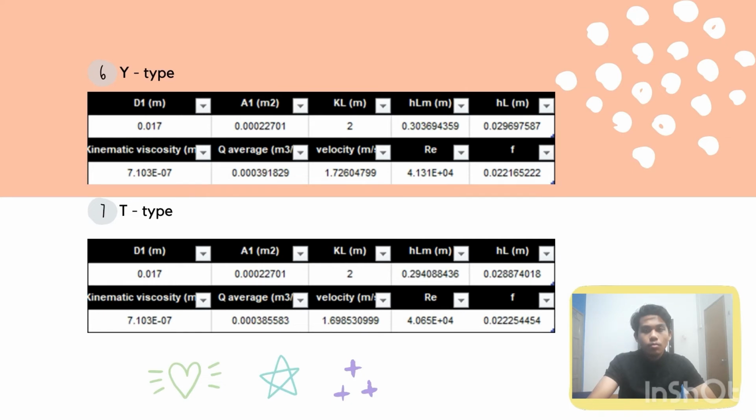So we use the same steps to do the calculation. Also for the second component in table 3, which is the T type, the loss coefficient is also 2. So proceed with the same calculation steps. So that's all for the first discussion.